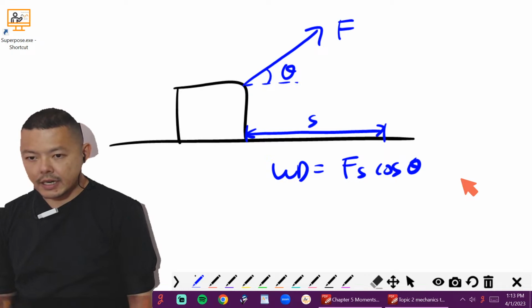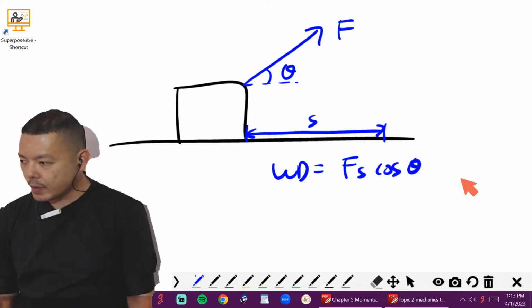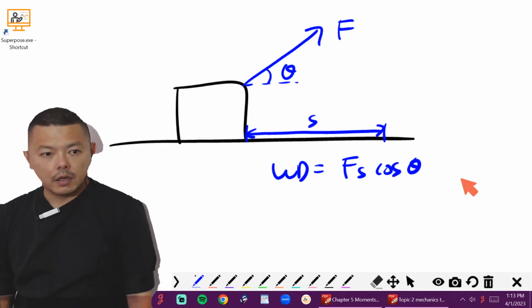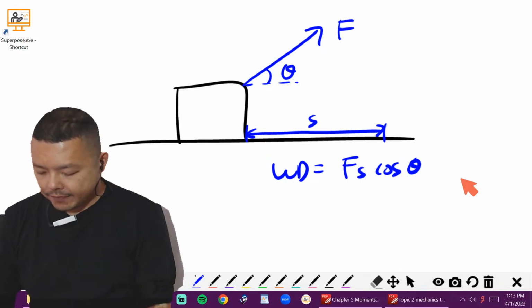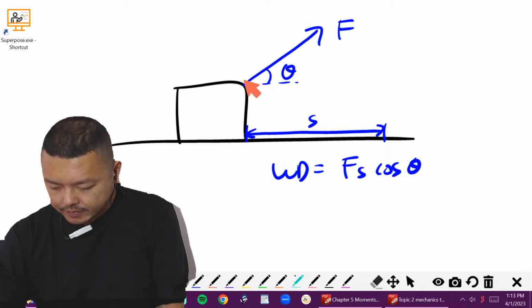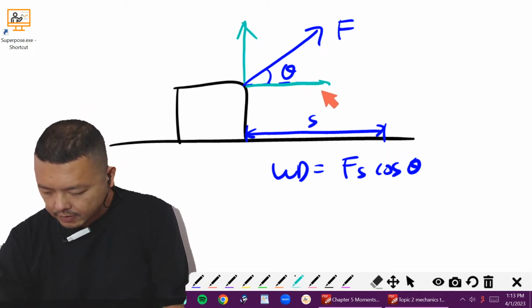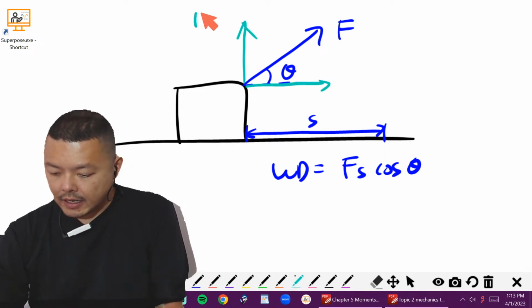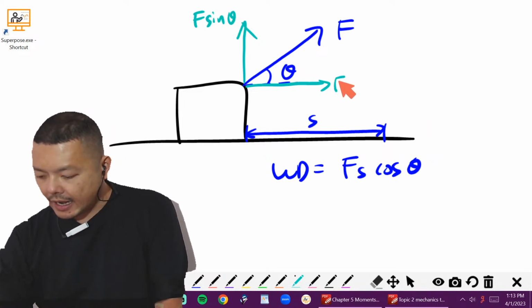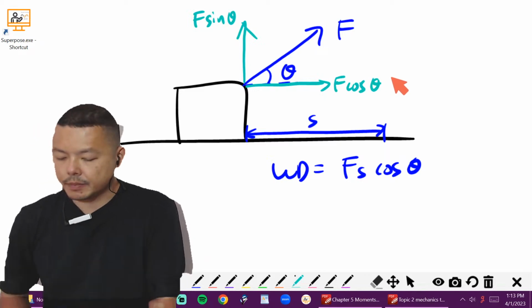Can I ask you to look at this and tell me why? I have to resolve F, and when I resolve F, what do I see? I will get the F sine theta on top and the F cosine theta at the bottom.